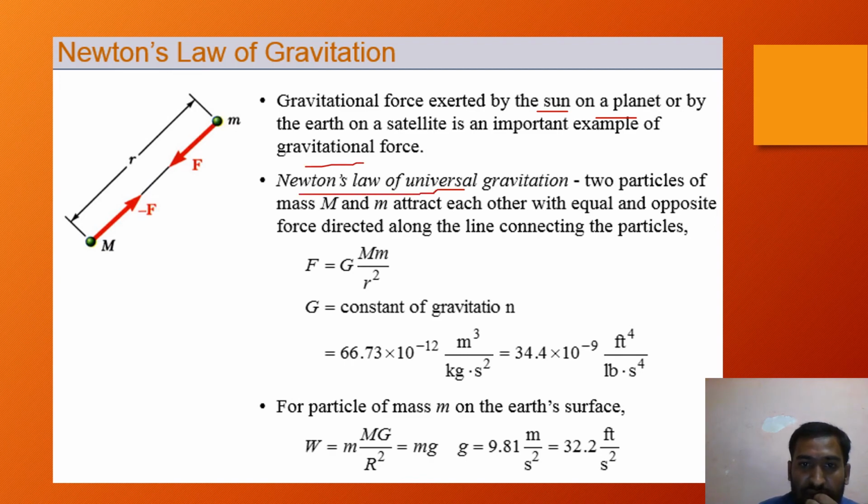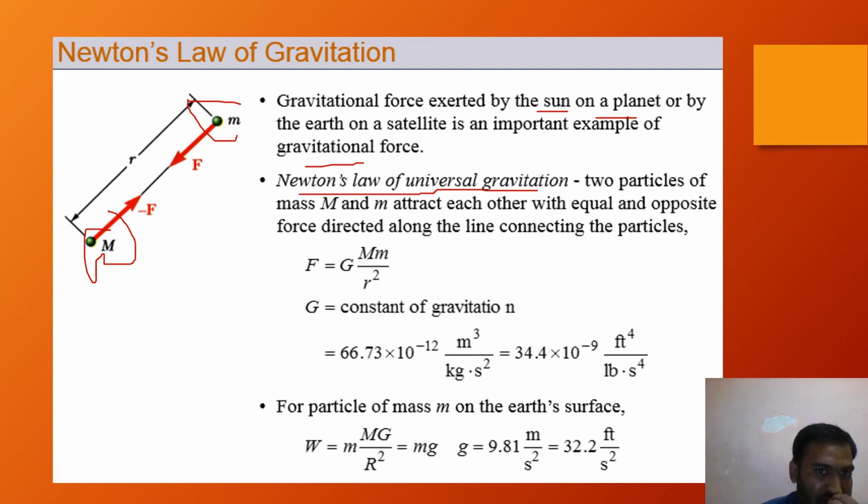Newton's law of universal gravitation: two particles of mass M and mass m attract each other with equal but opposite forces, directed along the line containing the particles.